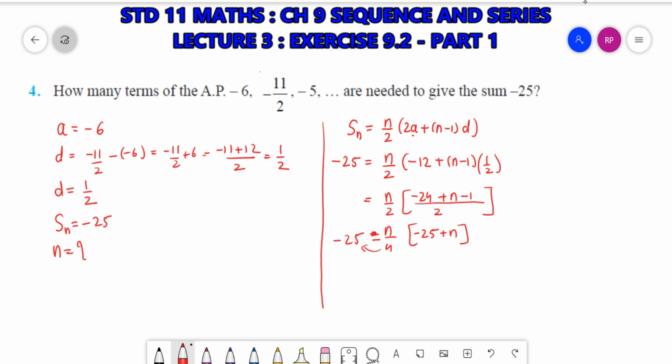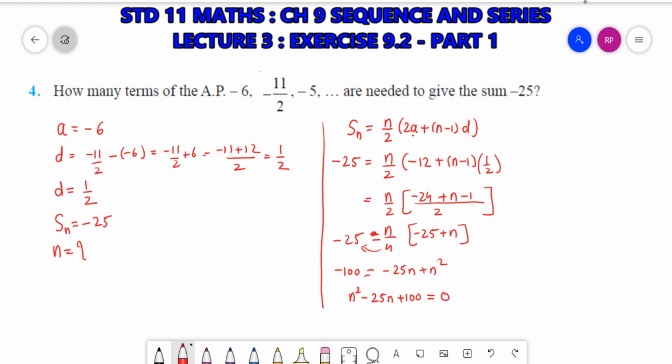Okay, when 4 goes on this side, minus 100. So n into minus 25, minus 25n plus n square. Okay, so taking on one side, I will get n square minus 25n plus 100 equal to 0.